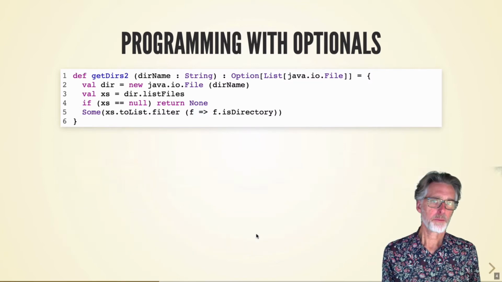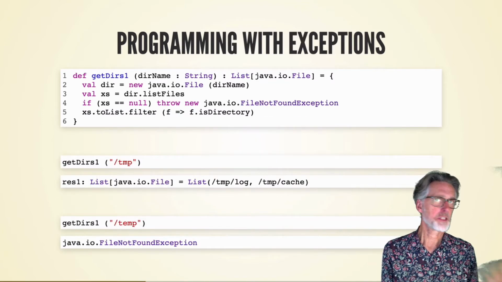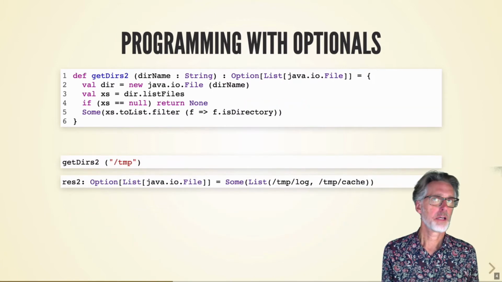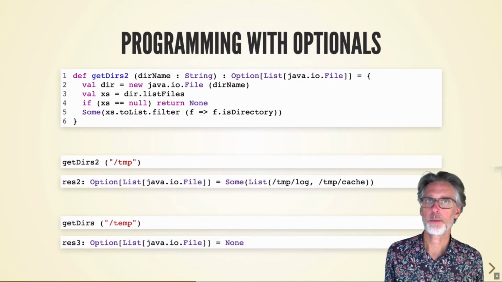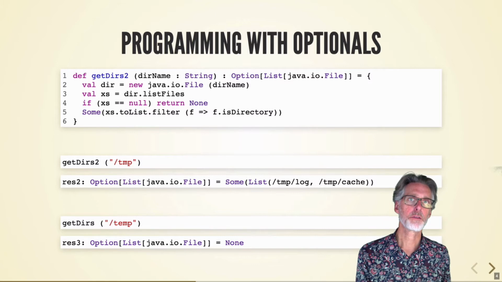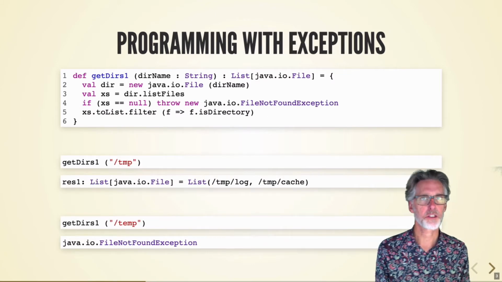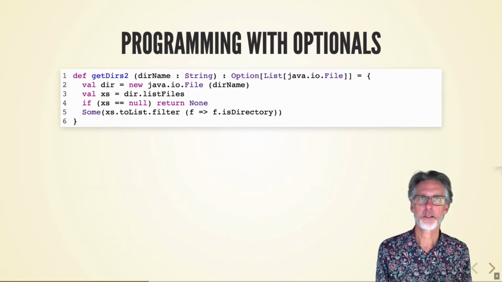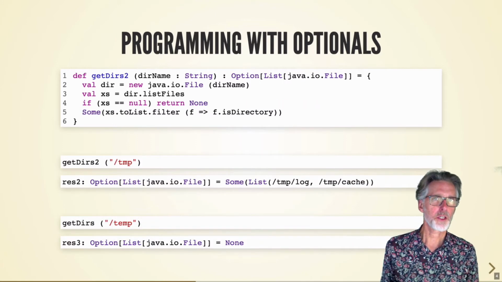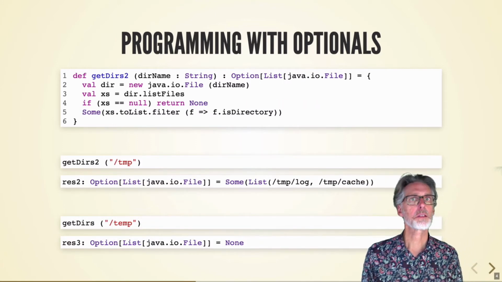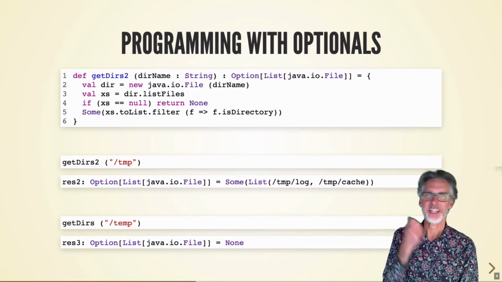Which one is preferable? It's largely a matter of taste, I suppose. If you don't expect a programmer to actually worry about the exception very much, then you're probably better off with exceptions because they're easier to ignore. On the other hand, if your programmer is really going to have to deal with the exceptions, then it can get cumbersome.